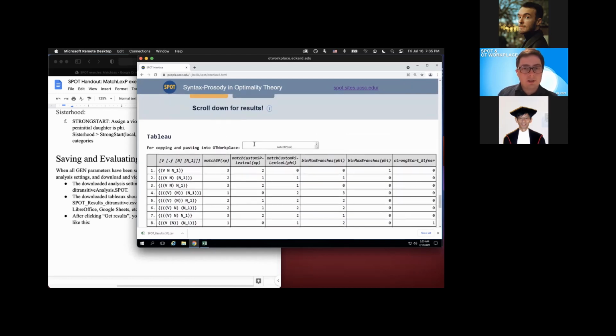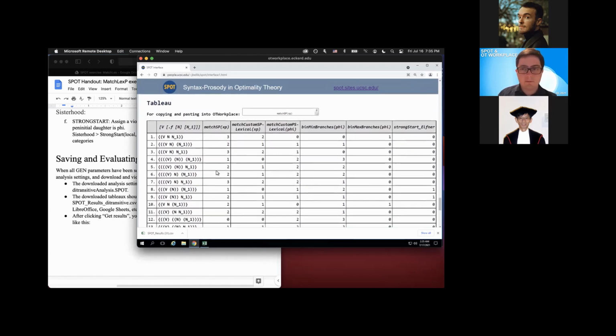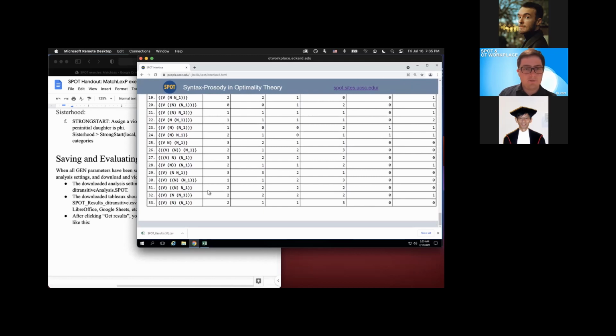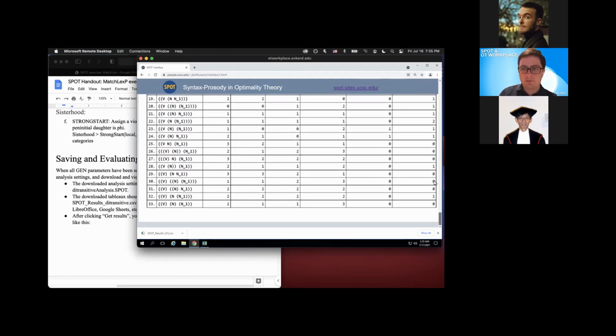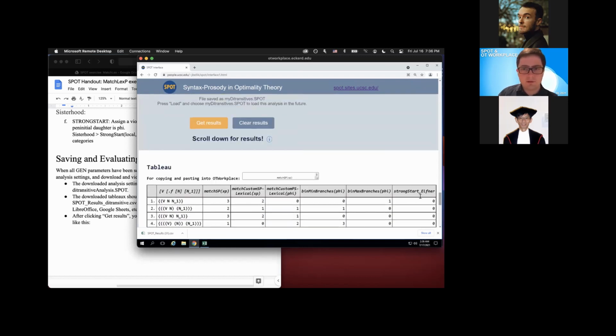So if everyone could click Get Results, and then just to make sure we all are looking at the same thing, check that you have all 6 constraints here in the top row. And then also, if you followed along, you should have 33 possible output candidates. So if you've checked that you have the right constraints and the right number of candidates, if you could give a thumbs up.